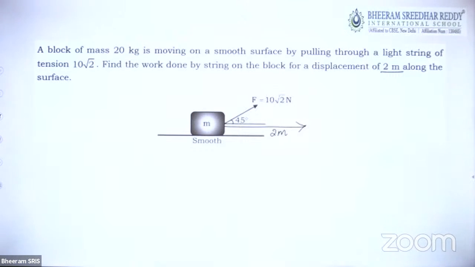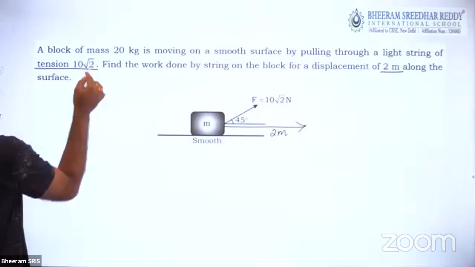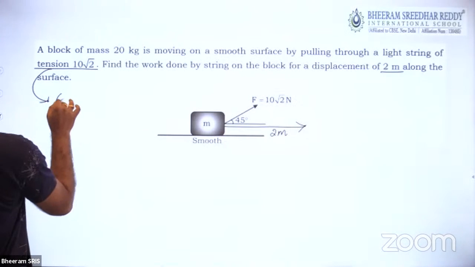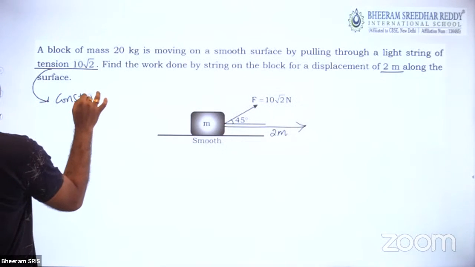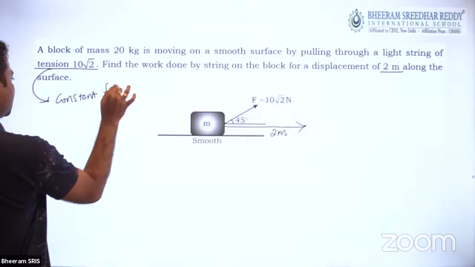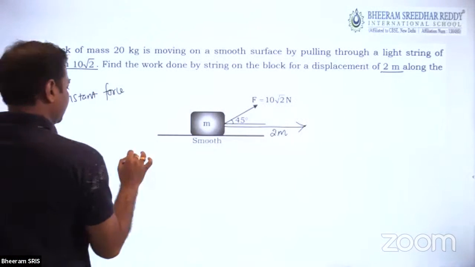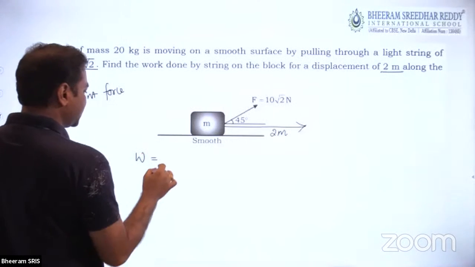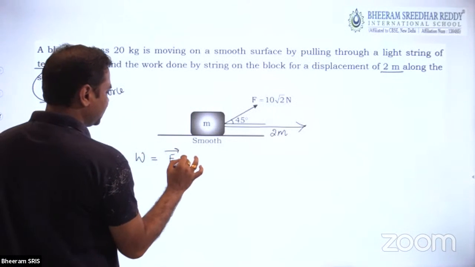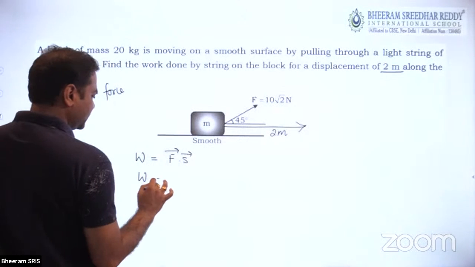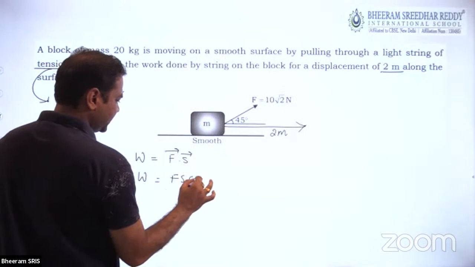Because it's the first question. Now, is the force constant or variable? 10 root 2 is a constant force. When force is constant, directly apply the formula. The work done by the force is F bar dot S bar, so work done can be written as Fs cos theta.